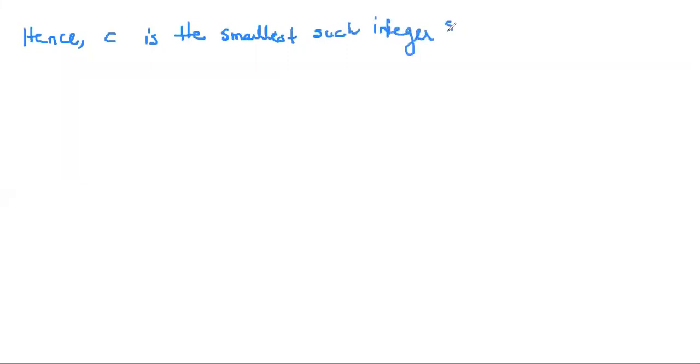Hence, C is the smallest such integer such that G^C is 1. So this proves the direct way, that nilpotent implies G^C is 1.